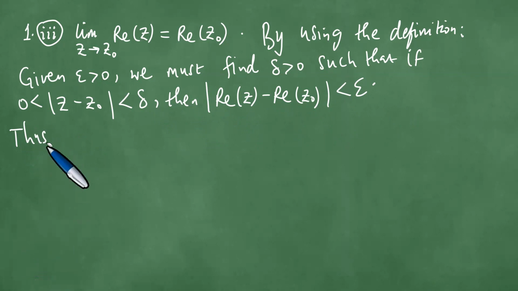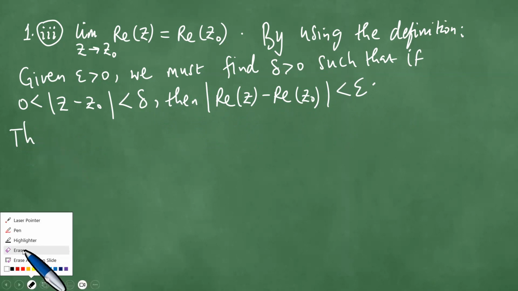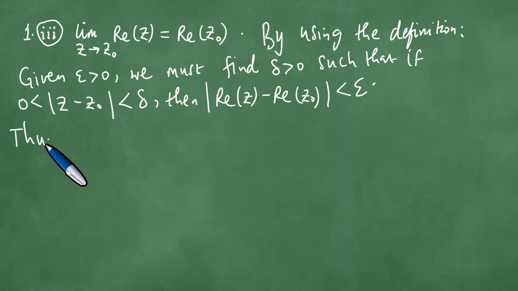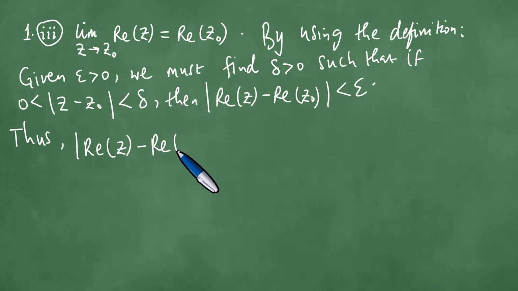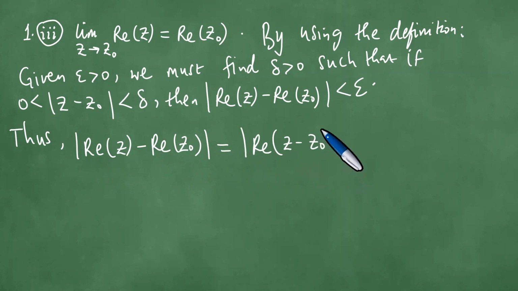Thus, at this point, we analyze this very carefully. Given the modulus of the real part of z minus the real part of z0, this is the modulus of the real part of z minus z0.